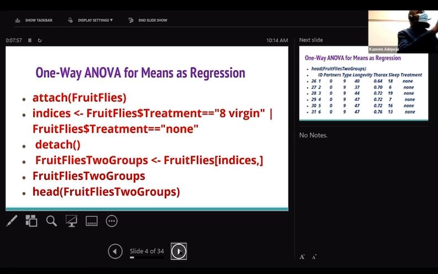Do you know that that same test, you can also achieve with a regression analysis? How? In the regression analysis, if I'm looking at the effect of a categorical predictor on the response, where the categorical predictor has two levels. I'm going to give you an example now.